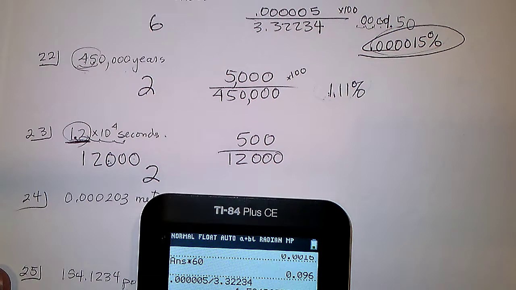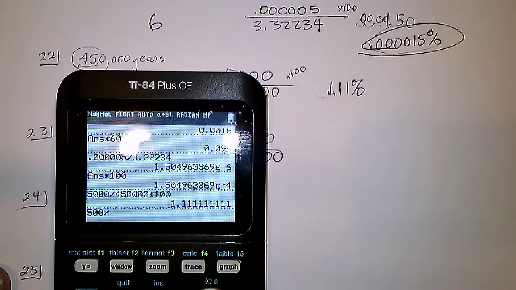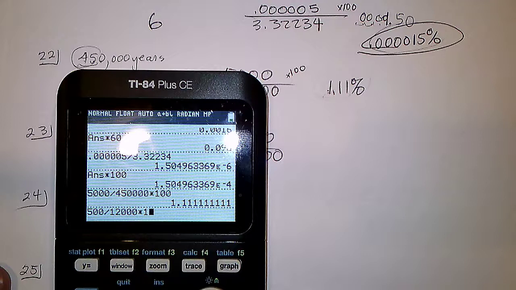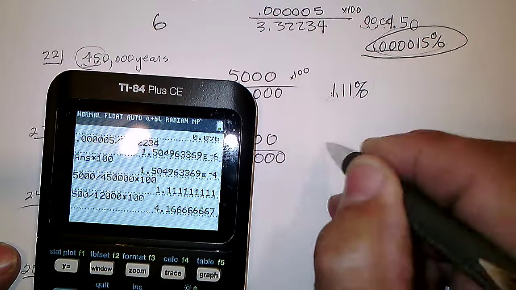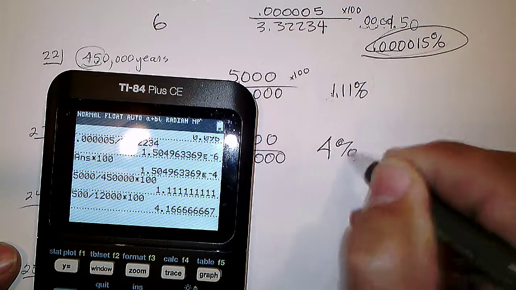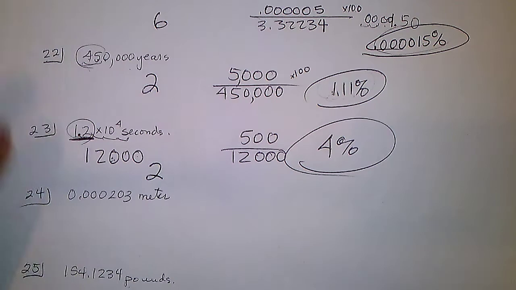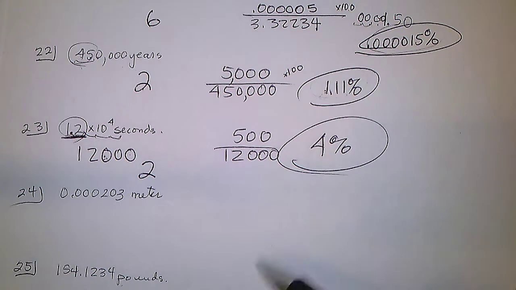What is 500 divided by 12,000 times 100 to make it percent, and we get 4.4%-ish. If you got two significant digits, you should have somewhere around 1, 2, 3, 4%.